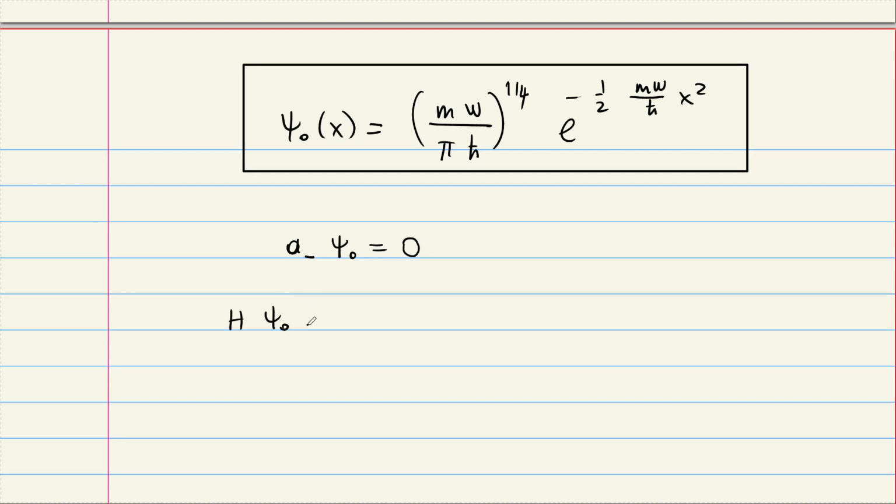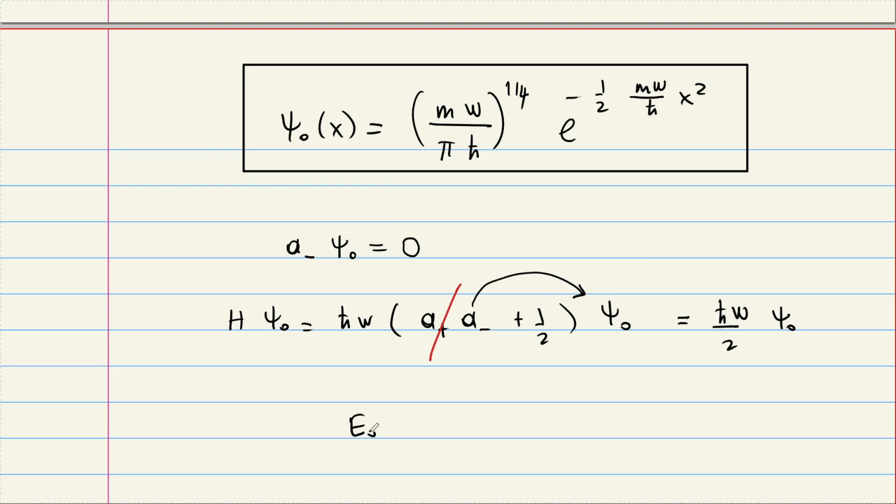H psi 0 is h bar omega (A plus A minus plus a half) psi 0. And I can see this A minus going and hitting this is going to kill this term immediately. Right? I can get rid of that. And that means this is equal to h bar omega over 2 psi 0. That means the corresponding energy E0 is equal to h bar omega over 2.